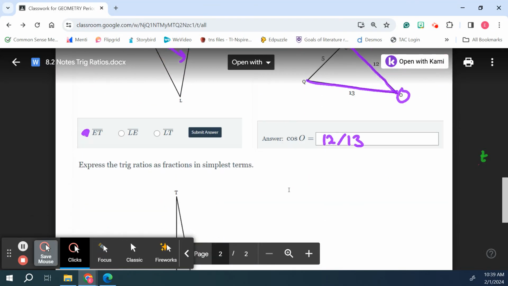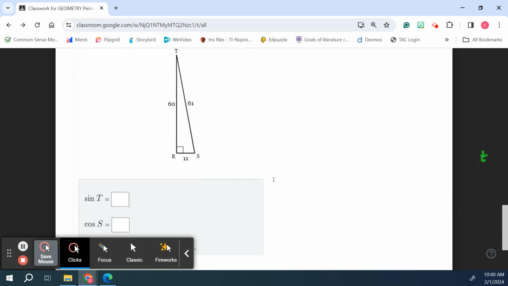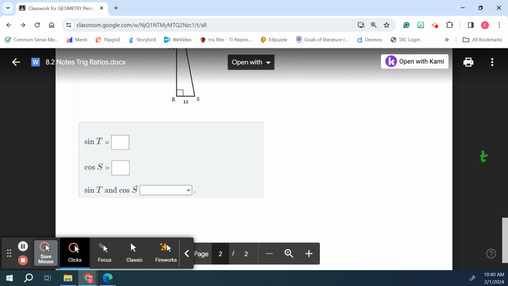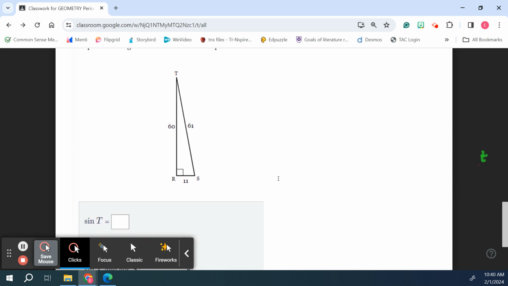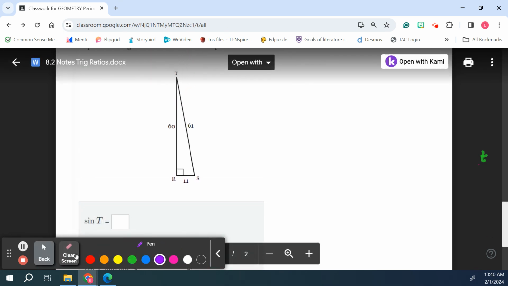All right, let's talk about the next one. Express the trig ratios as fractions in simplest terms. So they want you to do all three of these: the sine of t, the cosine of s, and then they're asking how the sine of t and cosine of s compare. Okay. So for the sine of t, first thing we're going to do is circle t.